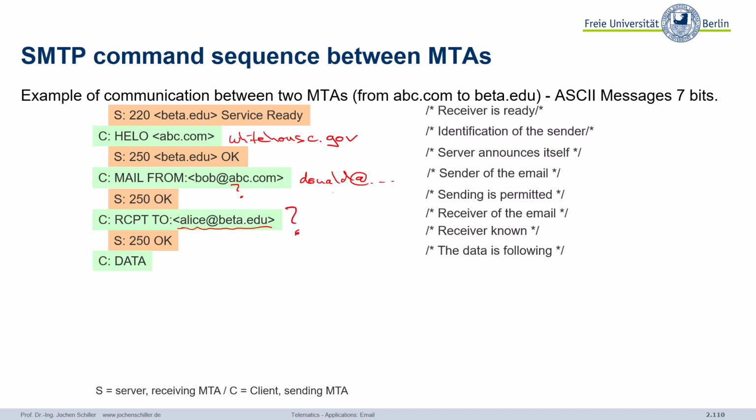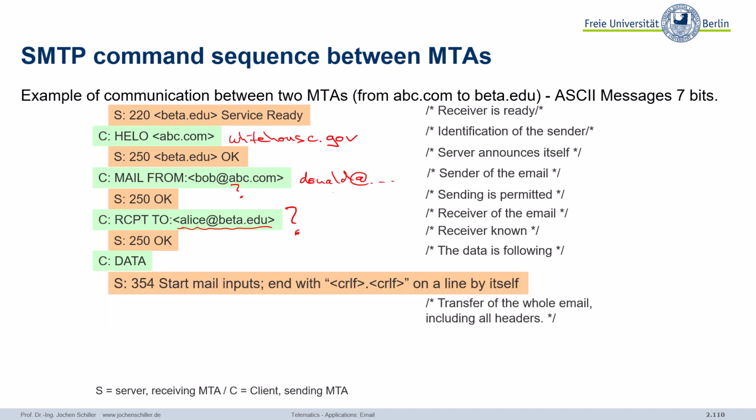Then you say DATA. Then the server tells you, sending back ASCII characters, START MAIL INPUT, and so on. So this is my ASCII. Nice for debugging. So you can use a very simple terminal and do this by hand. 7-bit ASCII. Very simple.